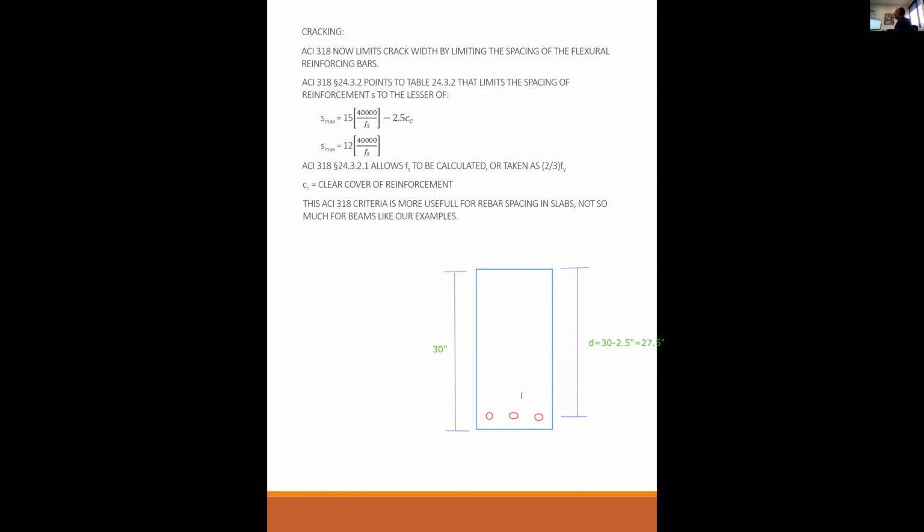But at some point, you realize that you can't fit all that steel in a single row. So then you did what anybody would do. And you went back here and you said, I need 6 number 11s. And they're going to be in 2 rows. Okay, no problem. No problem at all.